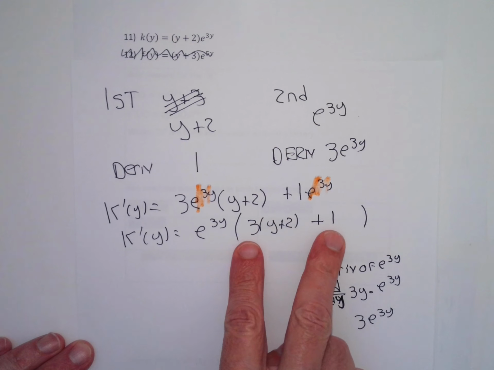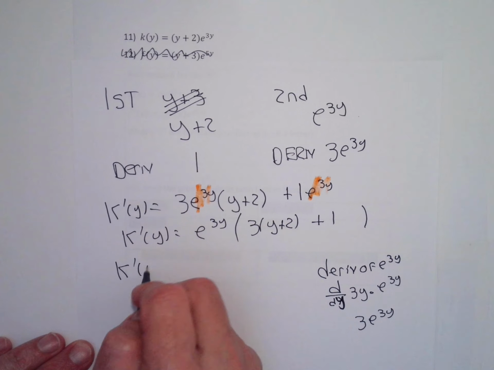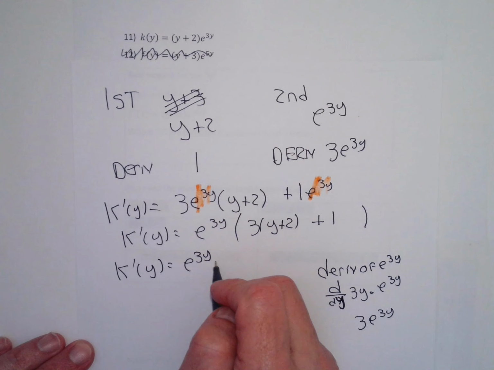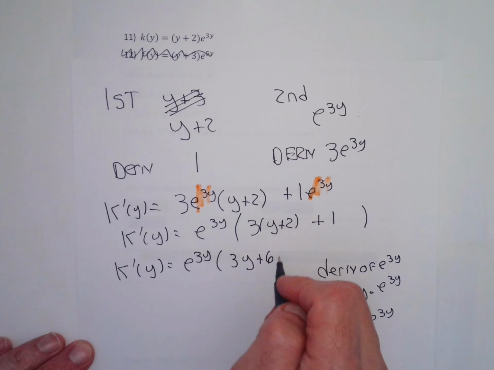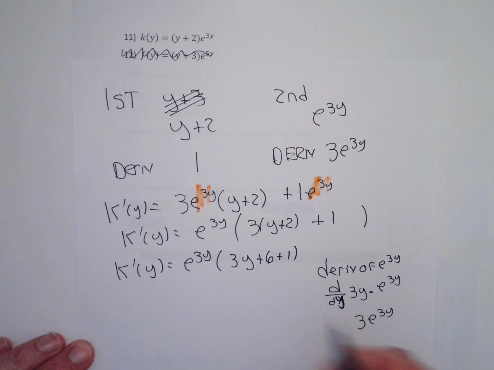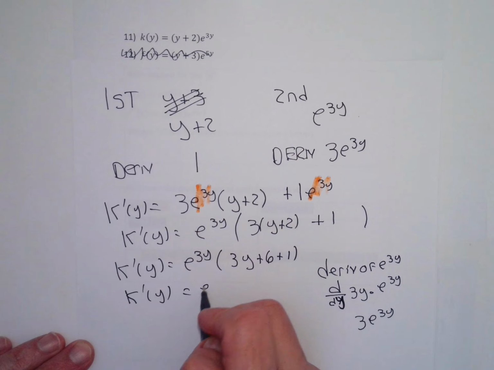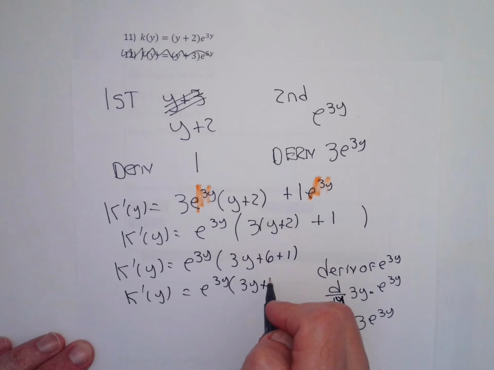I'm going to clean up this parentheses and write an answer. So this is going to be e to the 3y times 3y plus 6 to do that first multiplication plus 1. So my derivative is going to be e to the 3y times 3y plus 7.